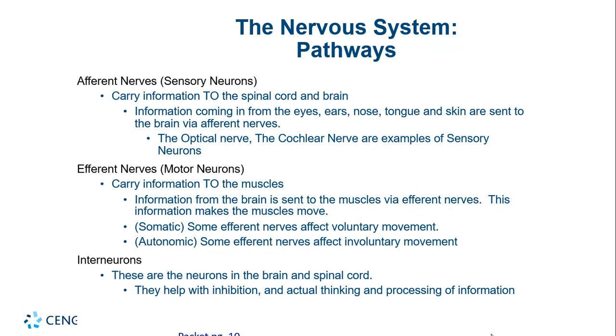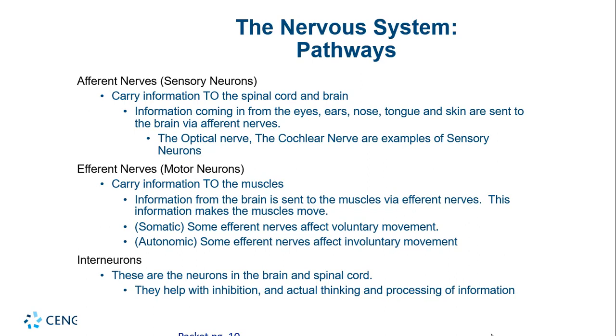So sensory neurons are also called afferent nerves. These are nerves that begin in the body and they send information to the brain. For example, my eyes get information from the environment.